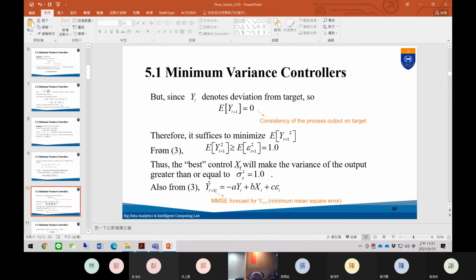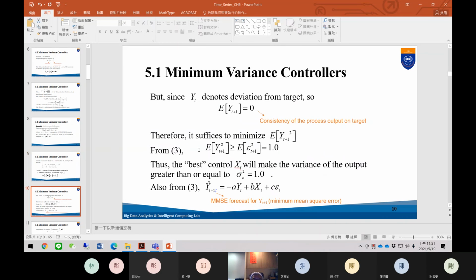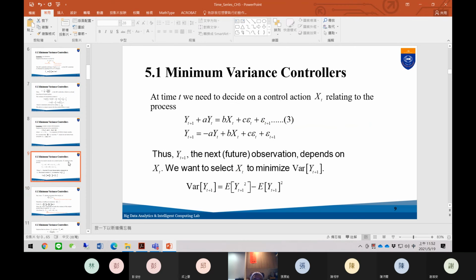So from equation number 3, the expected value of Y_(t+1) squared has got to be greater than or equal to the expected value of epsilon_(t+1) squared. Why? Like this.